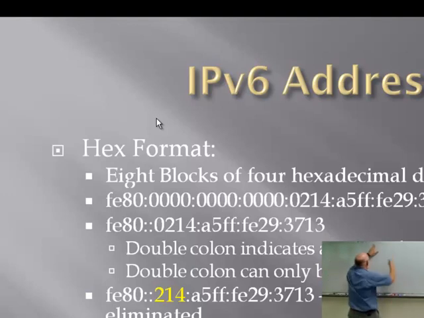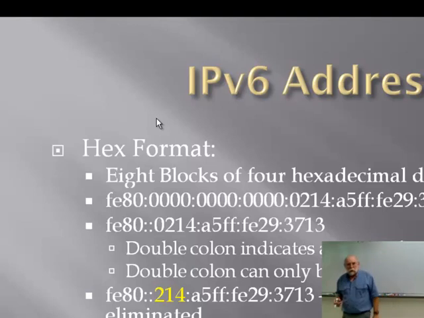I have to count these because I lose track as I write them up: 1, 2, 3, 4, 5, 6, 7, 8. They look like that, and each one of these is a block.